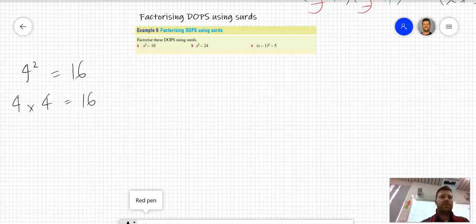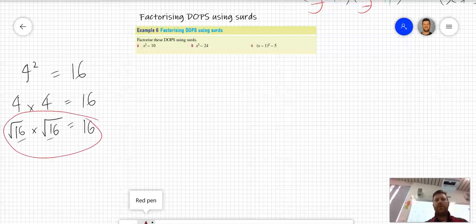Essentially, what is the square root of 16? 4. So I could write this as the square root of 16 times the square root of 16, which is 4 times 4 equals what? 16. Okay?